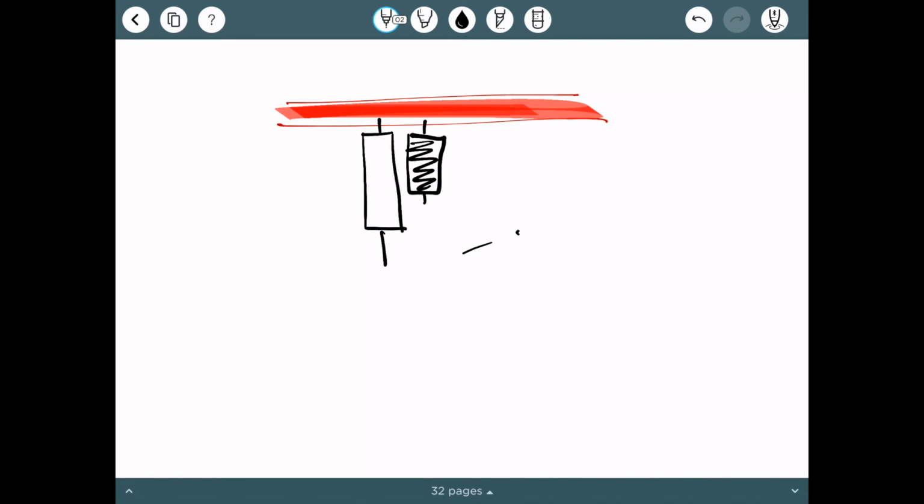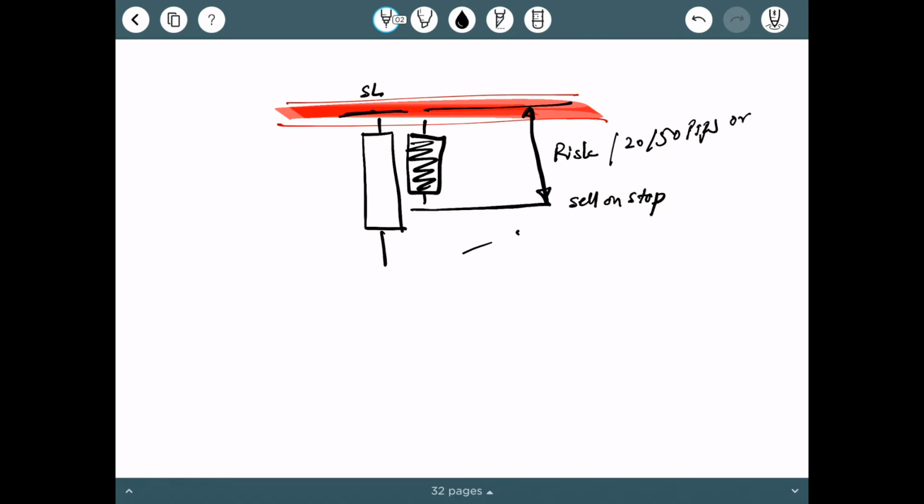What you do is you basically put your sell on stop and you put your stop loss here. So that's your risk. It can be 20 pips or it can be 50 pips or any number.